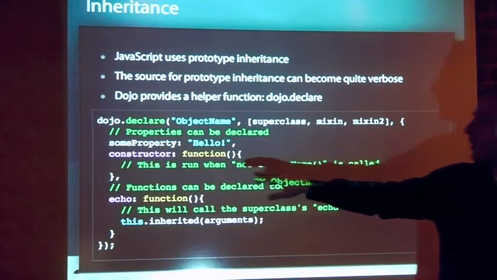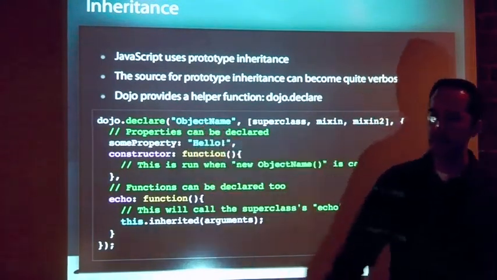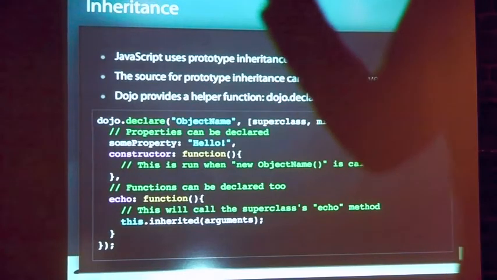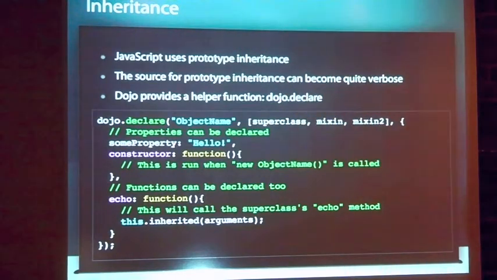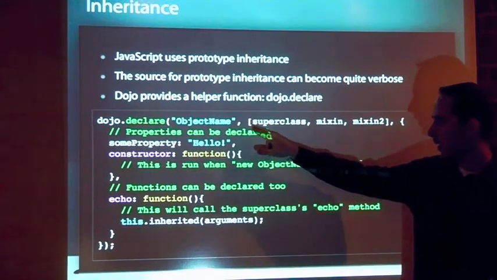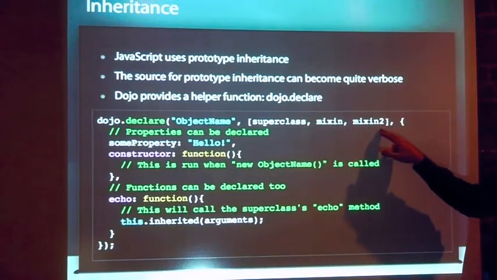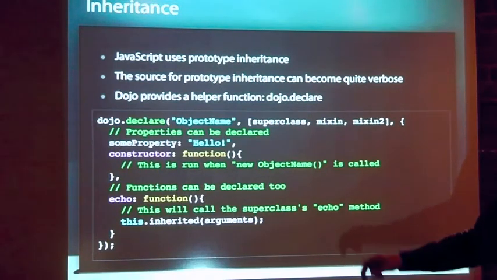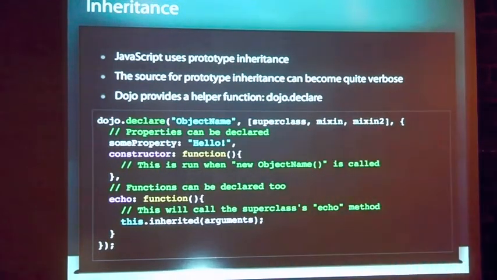The first parameter is the object name, and this could be a namespace, so you could say myApp.utils.fetch or something, and that's going to be the name of this class. The next parameter, this array, is anything that you want to inherit from. The first one is your superclass, and the other ones will be mix-ins.